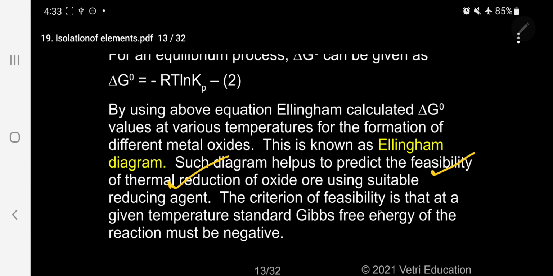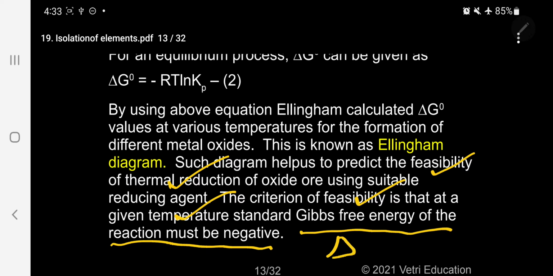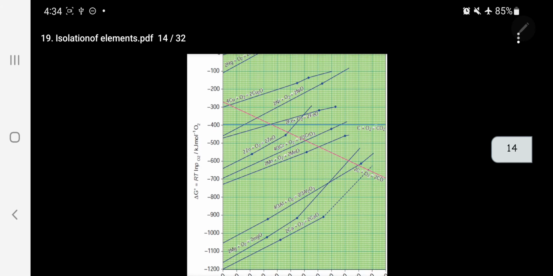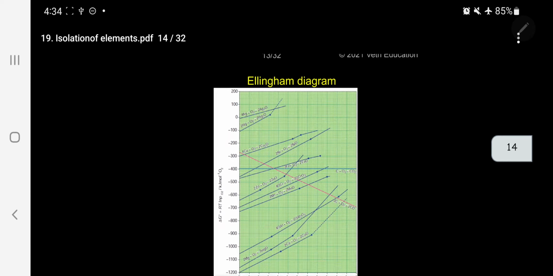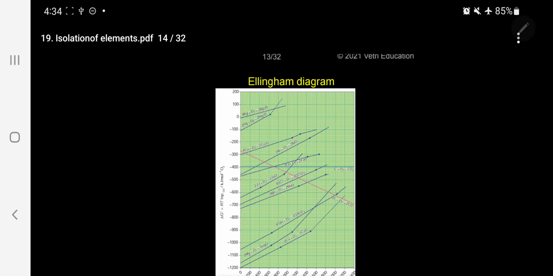The criterion of feasibility is that at a given temperature, the standard Gibbs free energy change of the reaction must be negative. ΔG° should be negative. That is the most important information. Spontaneous, it is feasible. This is the Ellingham diagram.